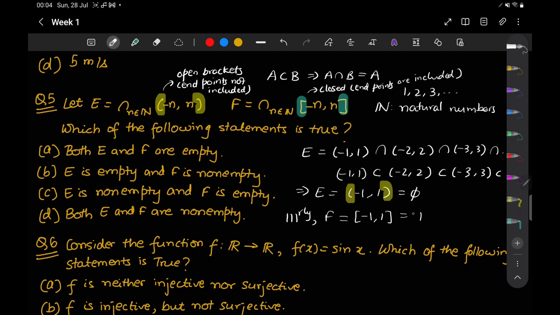So this is the set containing the element plus 1, because minus 1 is not a natural number, 0 is also not a natural number. That means F is not empty and E is empty. So the correct option is option B: E is empty, F is non-empty. Okay, any questions up until this point?